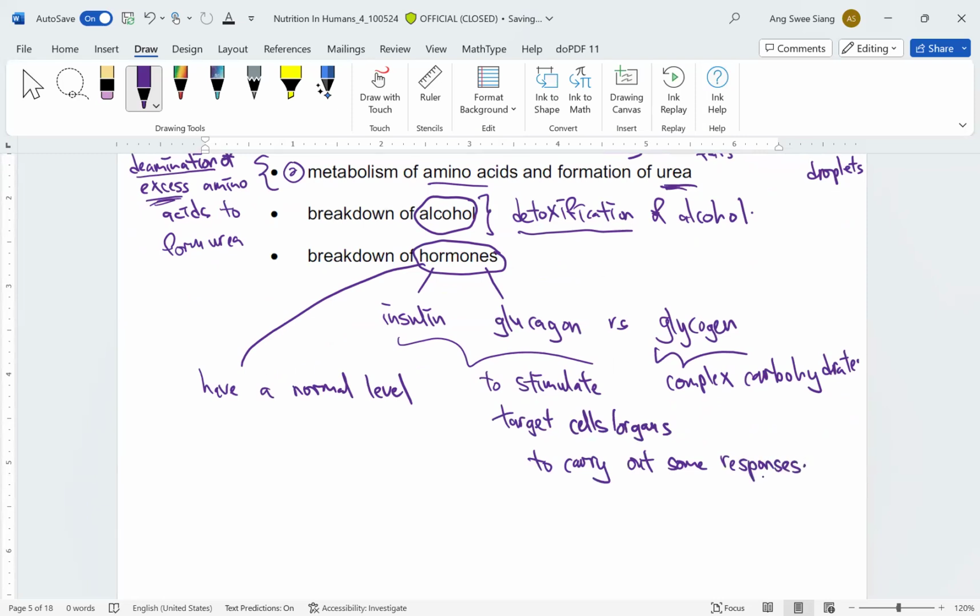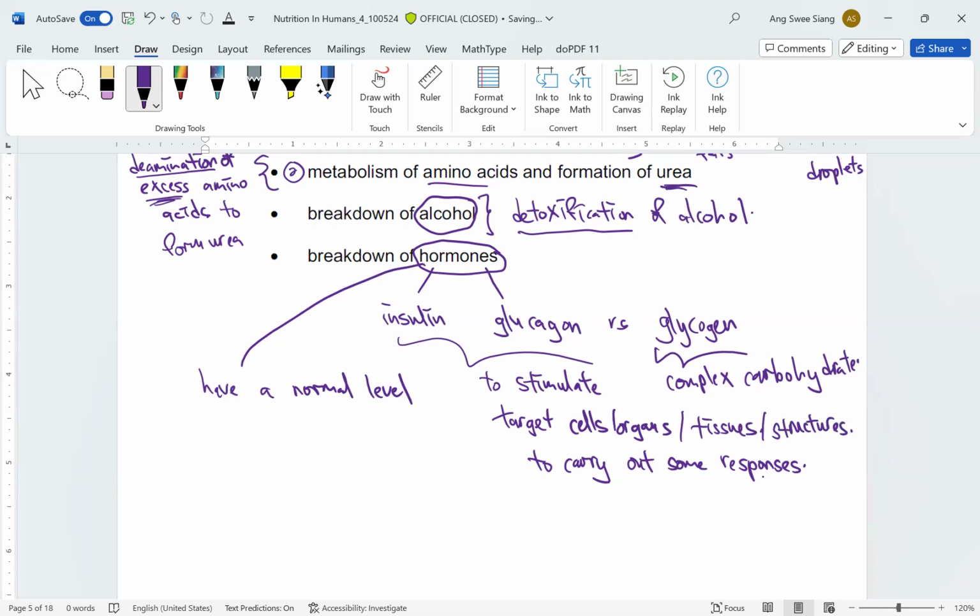General idea that you need to remember: hormones usually function to stimulate a target cell or a target organ or a target tissue, so to stimulate target structures to carry out responses.